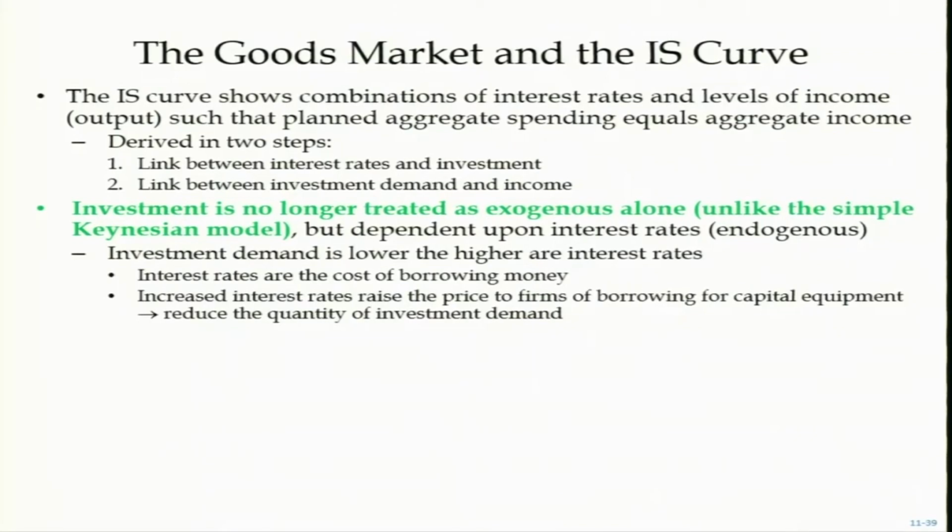First, examining the link between interest rates and investment, and subsequently, in the second stage, the link between investment demand and income. Unlike in the simple Keynesian model, where we treated investment as an autonomous variable, in the IS model investment is no longer treated as an exogenous variable.